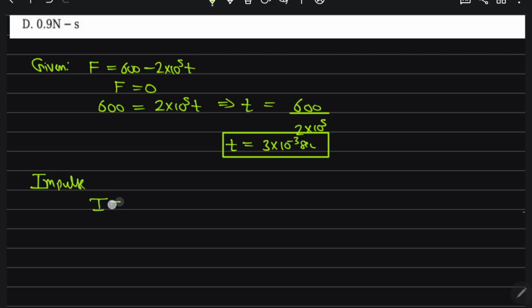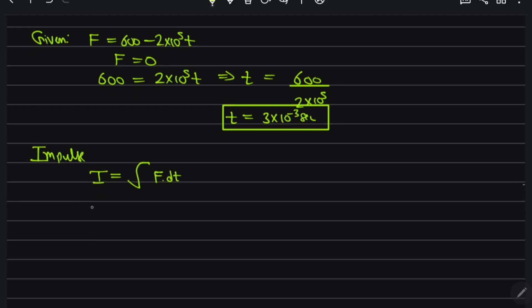I is equal to the integration of force into dt. So impulse is equal to the integral of 600 minus 2 into 10 to the power 5 t into dt, from 0 to 3 into 10 to the power minus 3.